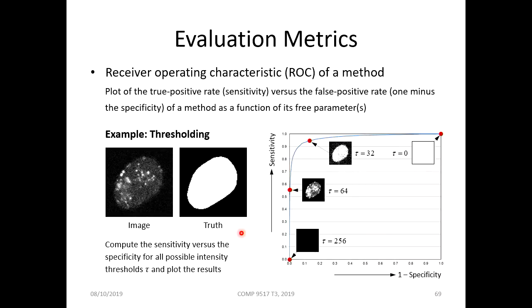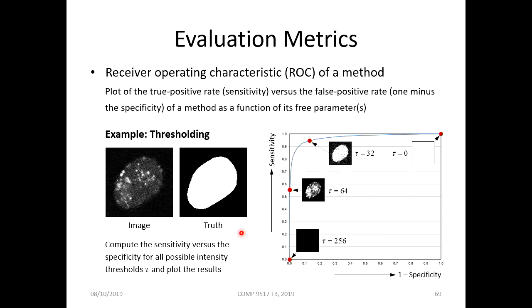It could be the threshold, which is the simplest case, a threshold parameter. But also, for example, for k-means, you have the number of clusters. For mean shift, you need to define the window size. All algorithms come with one or more free parameters that you can play with as a user.